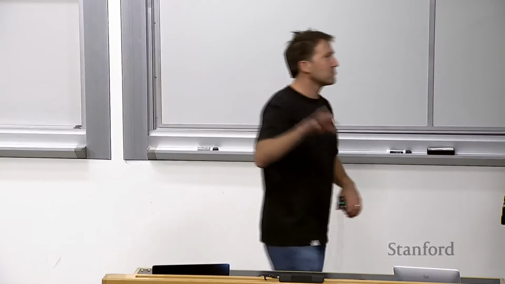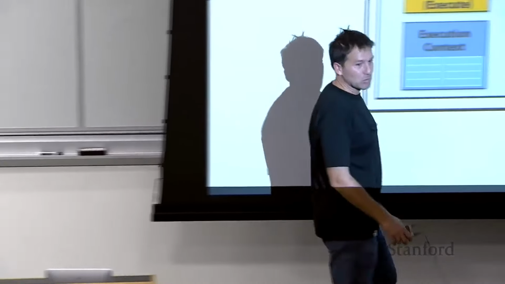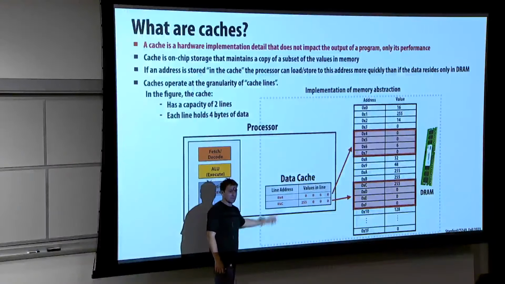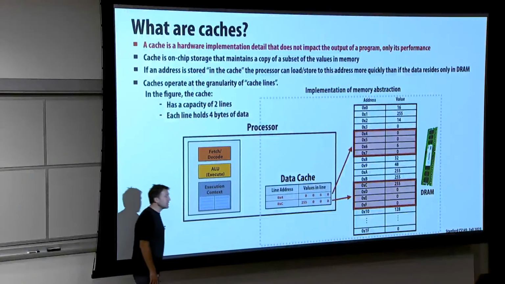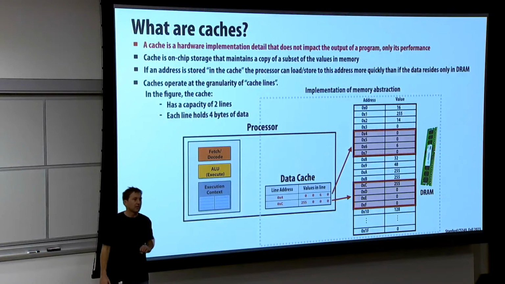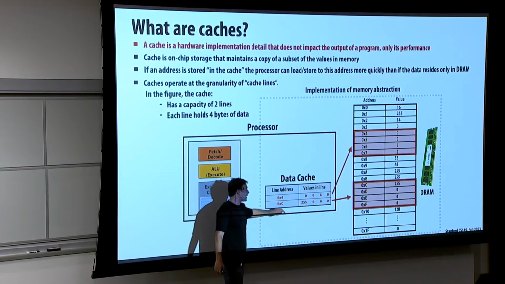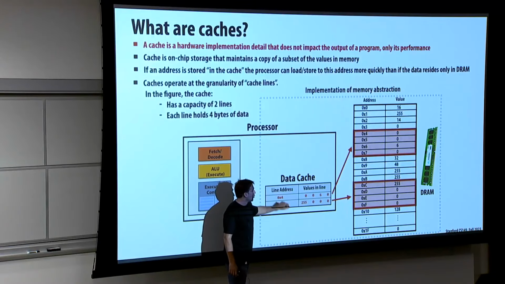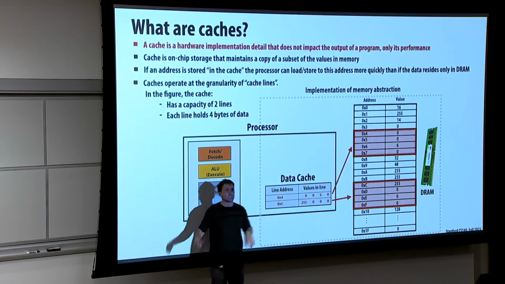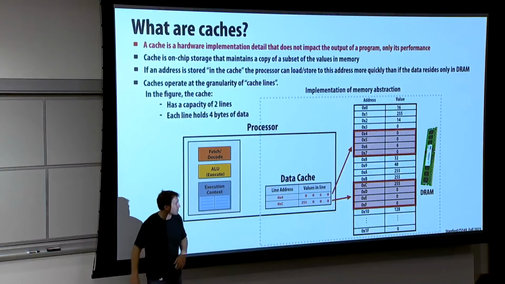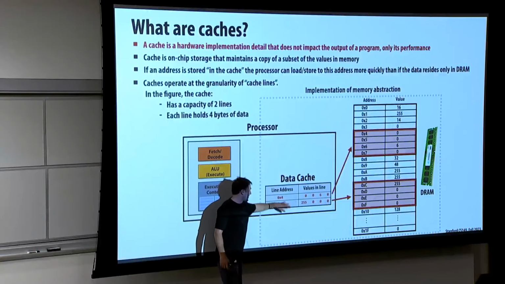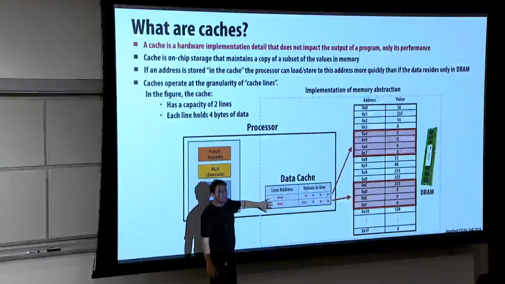There are two details of how a data cache works that are useful to think about. One is, even though memory says if you give me an address, I'll give you a value, the underlying implementation in any modern system that I know about will move data from memory into the cache at some larger granularity of cache lines. In this figure, this cache holds data for 2 cache lines.